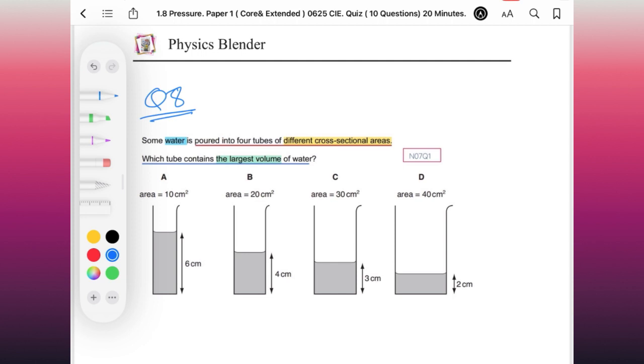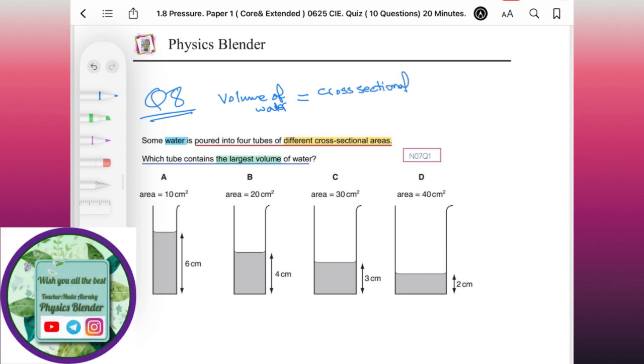So the volume of liquid will be equal to cross-sectional area times height.